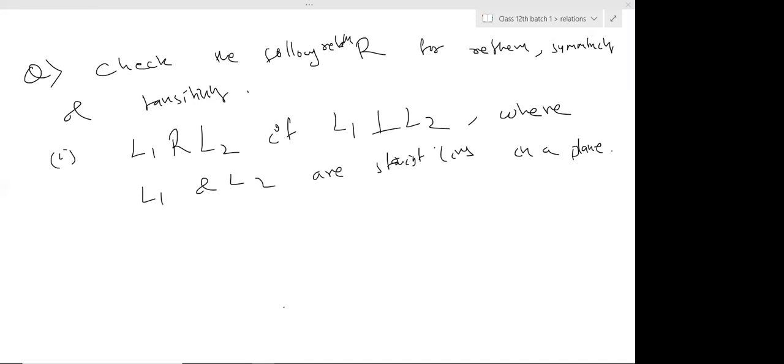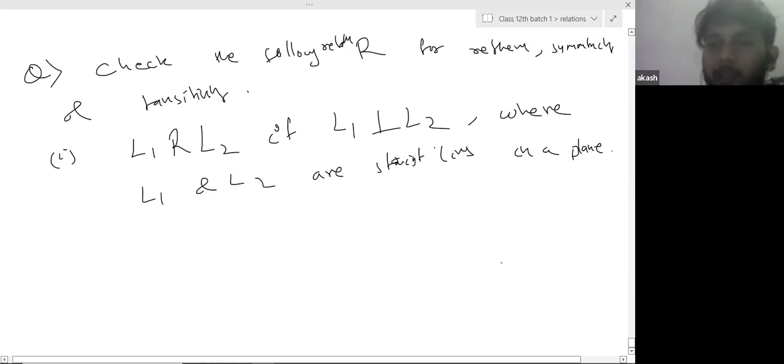Sir, I'm not sure about this, so I think we should solve it. All right. Don't write down the solution. Just try to solve if it is reflexive, symmetric, or transitive, in your mind only.